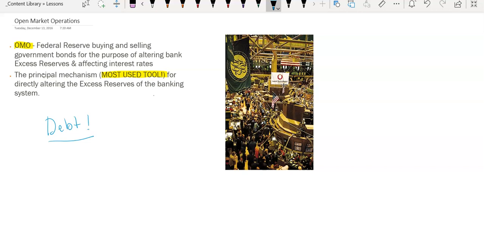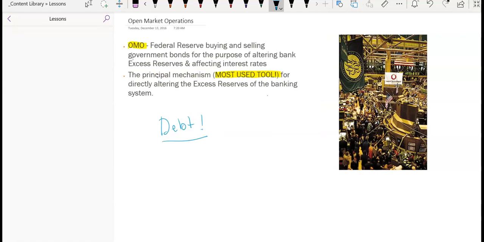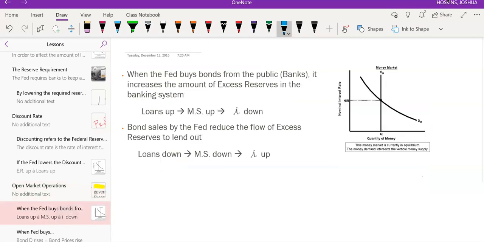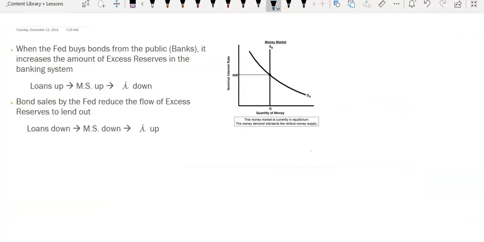Now, let's talk about how that works. So, a bond is a promissory note, right? Whether it is a $25 bond that your grandmother bought for you on your 15th birthday, or if it's a $500 million bond that a government, a bank, an institution holds, right?